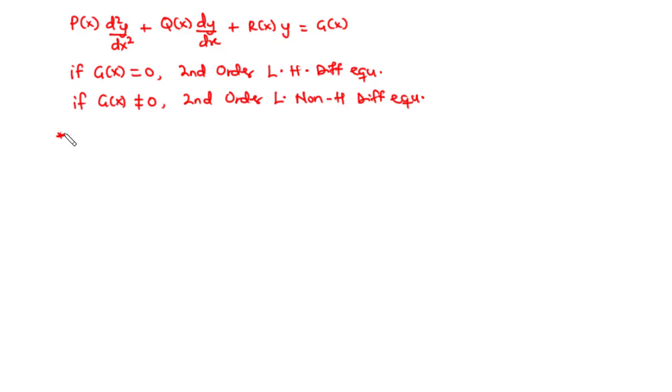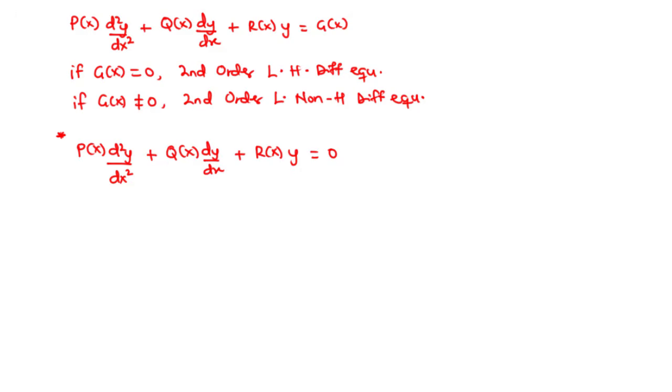Now, a second order linear homogeneous differential equation is given as p of x times d squared y over dx squared plus q of x times dy dx plus r of x times y equals 0.